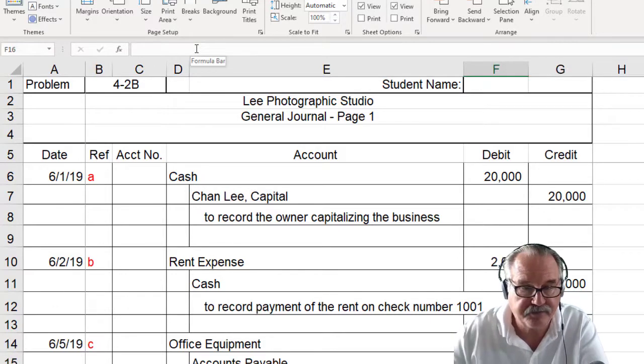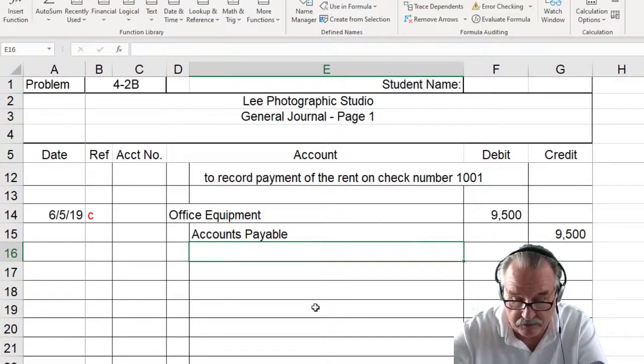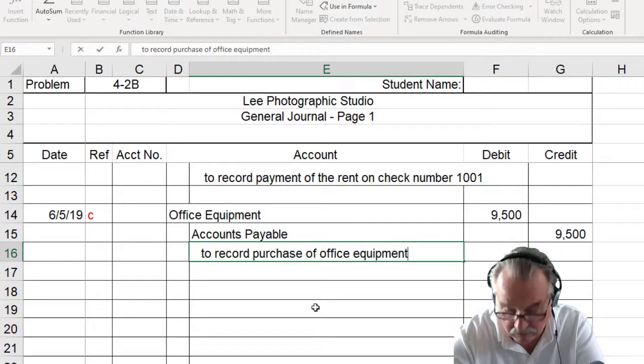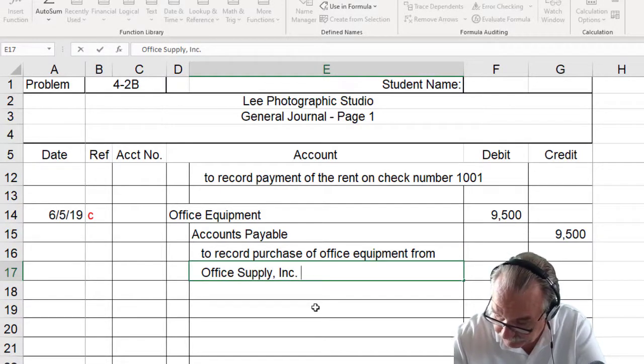We just told them we would pay them in 60 days. So this is to record purchase of office equipment from Office Supply Inc. That's the name of the vendor.